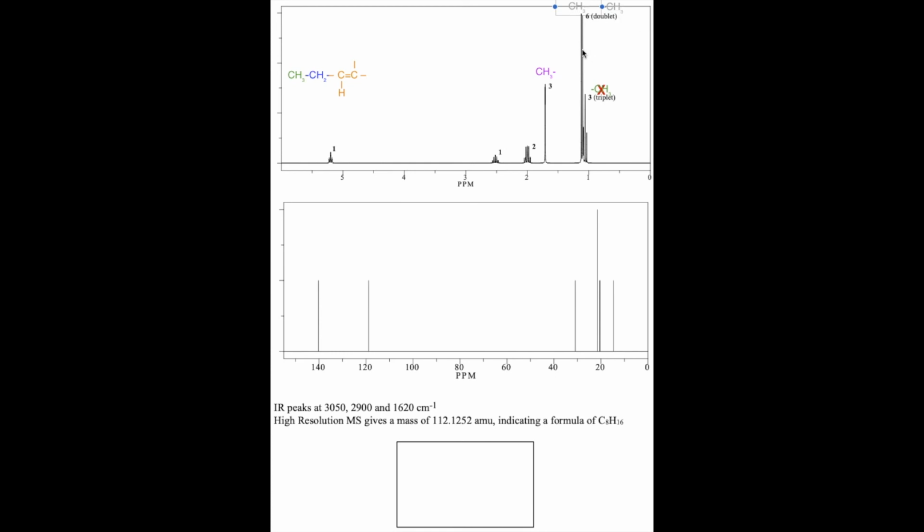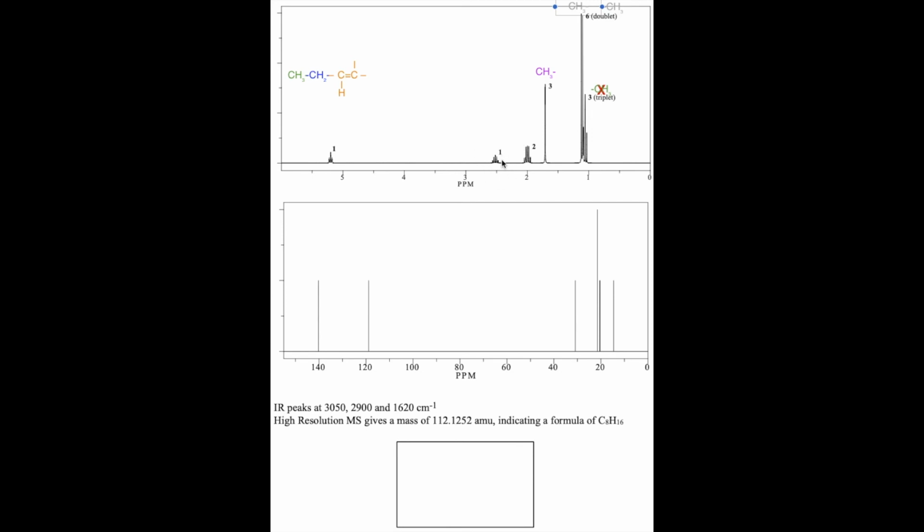And because it's a doublet, that means that n plus 1 is 2, n is 1. Well, if n is 1, that means that we need a CH to attach both of these methyl groups to. Now we have 2 CHs in our spectrum. We have this vinyl H, but he's all done. I can't attach anything else to this carbon because it already has a full octet. But we have this other one that we haven't really dealt with.